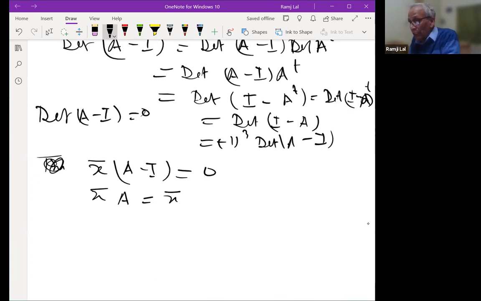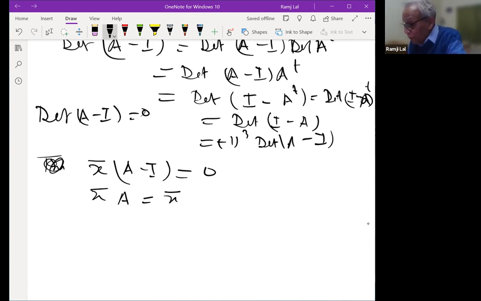I can take X bar to be a unit vector also. That is better because we want to remain in ON.